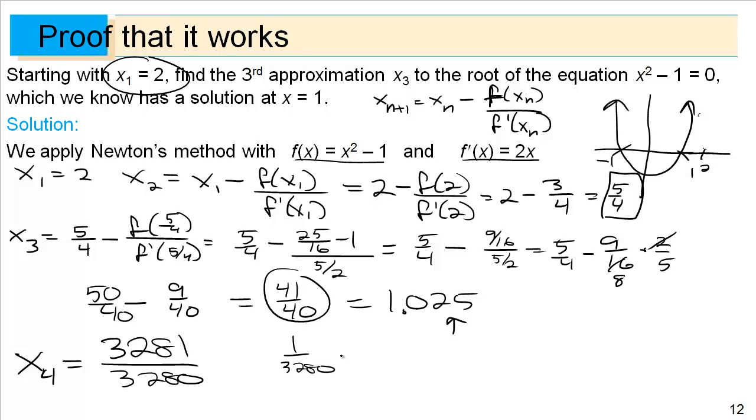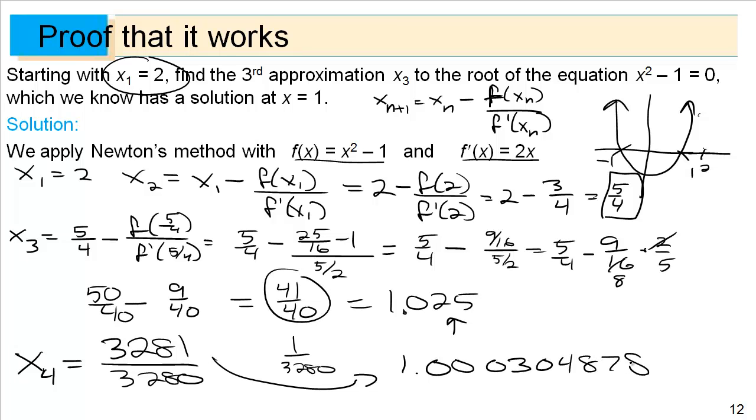And in fact, if you do 3281 divided by 3280, you get 1.0003. So our error is now in the fourth digit, right?